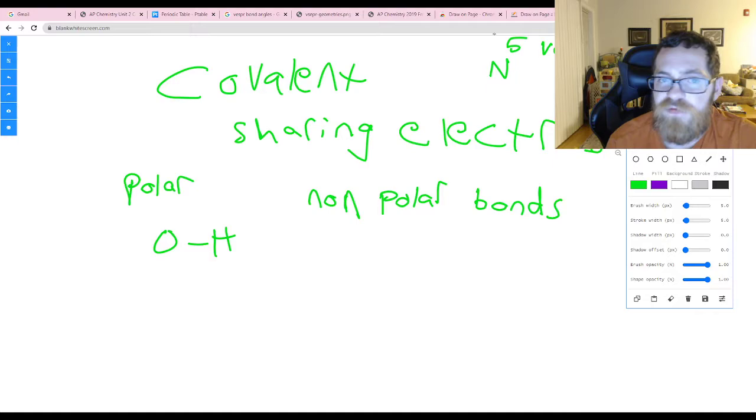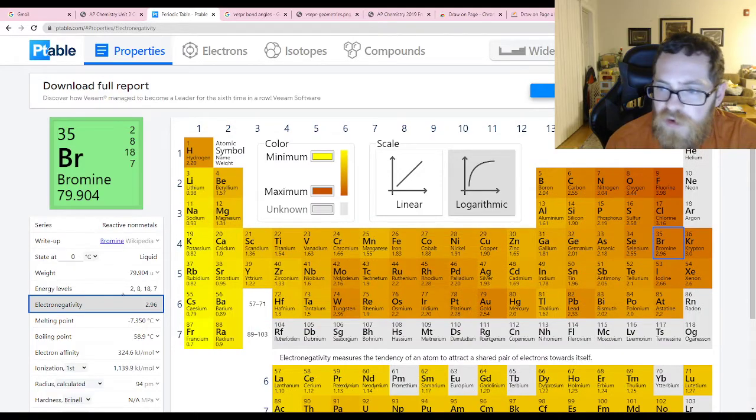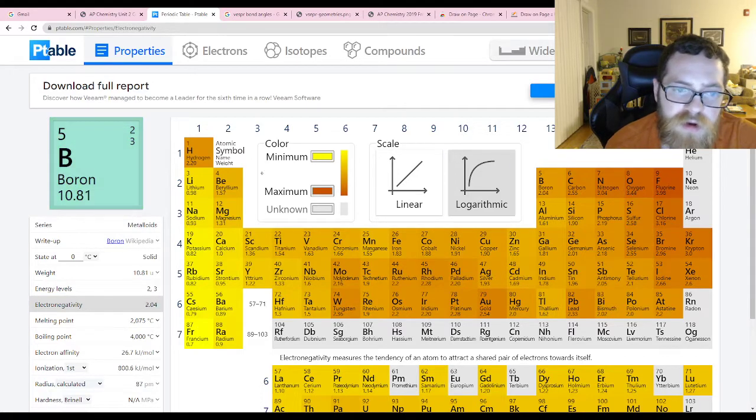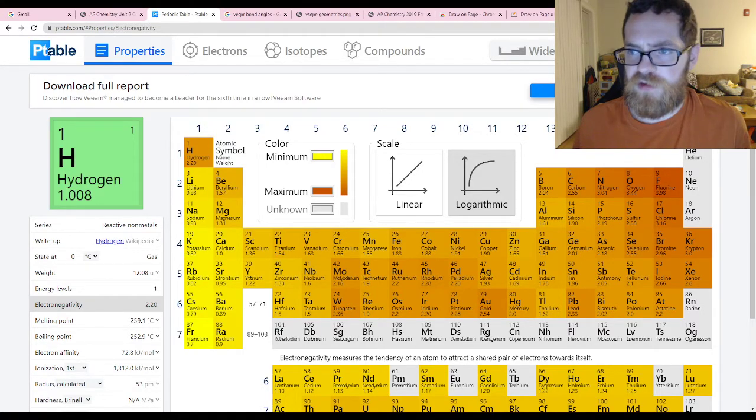And actually, if we take a second and look at our periodic table, and look at electronegativity, we can see oxygen has an electronegativity of 3.44, while hydrogen is 2.20. Now, I believe the exact number is just a 0.5 difference.